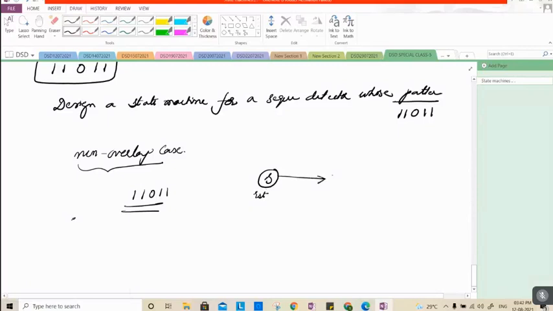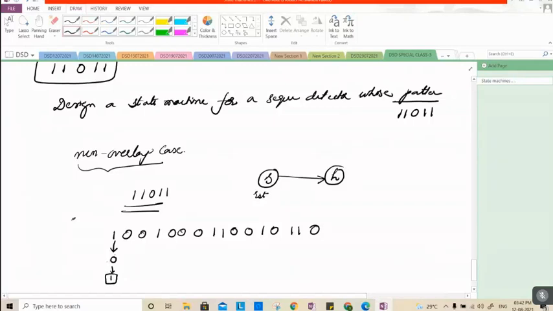When should it move to the next state? Take this example: 1000 11 00 10 110. Whenever it is 1, what should happen? Output is 0, and at the same time it should remember 1.